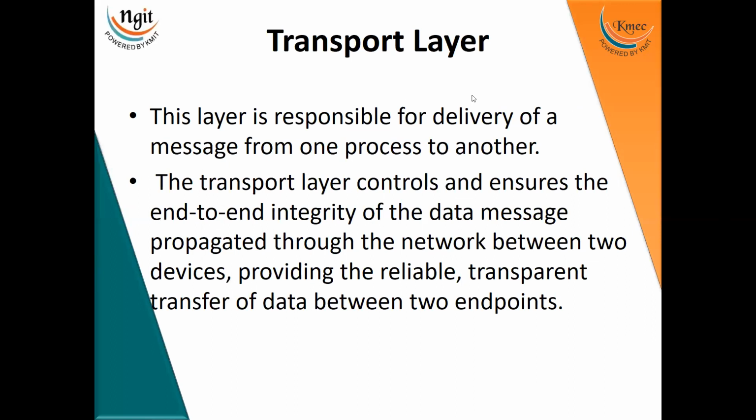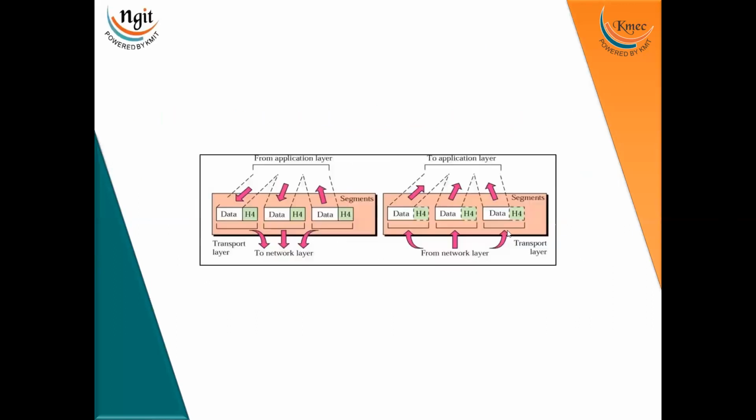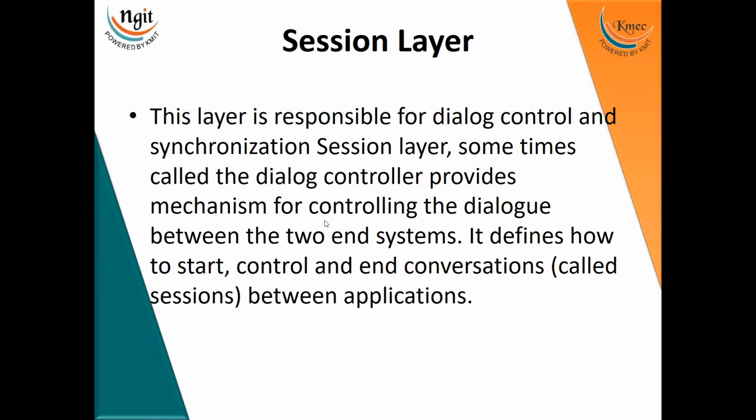Next we have the transport layer. This layer is mainly responsible for the delivery of a message from one process to another. The transport layer controls and ensures the end-to-end integrity of the data messages. Next we have the session layer. This layer is responsible for dialog control and synchronization.